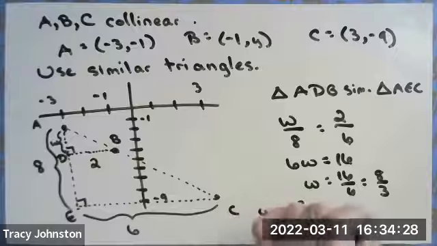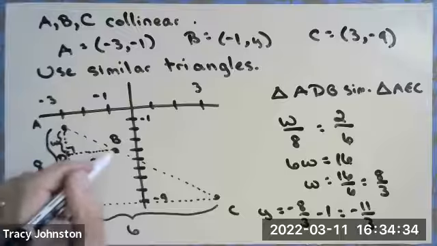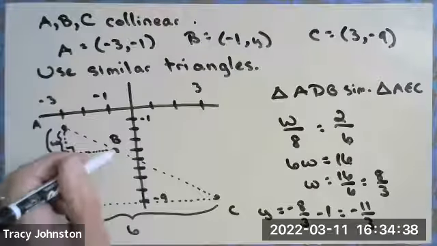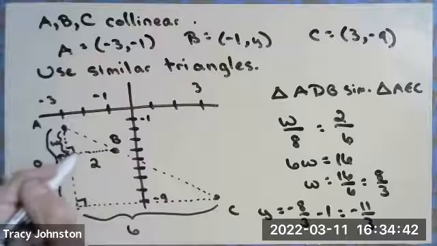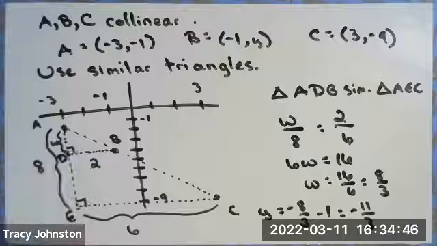So this makes it -11/3. So that gives us y. We know that B would be at (-1, -11/3), because that's what puts us into the right proportion for the two similar triangles.